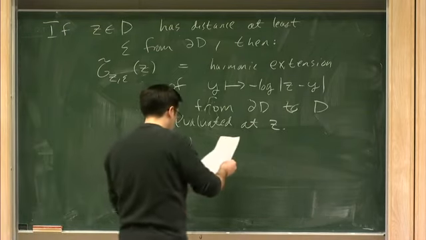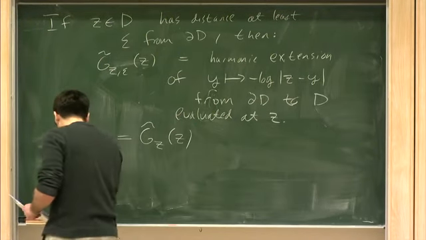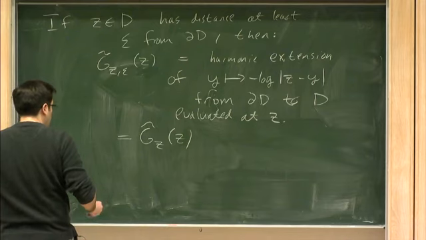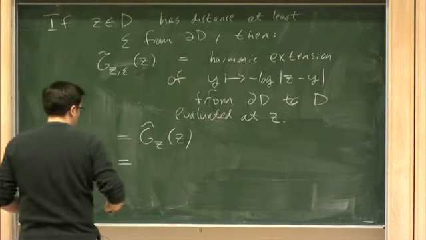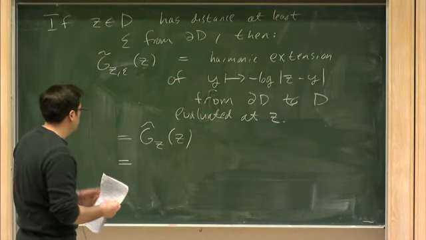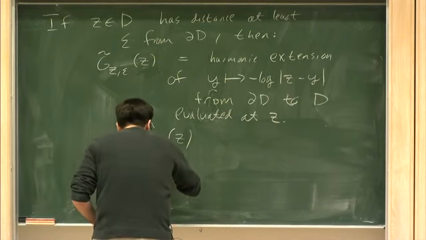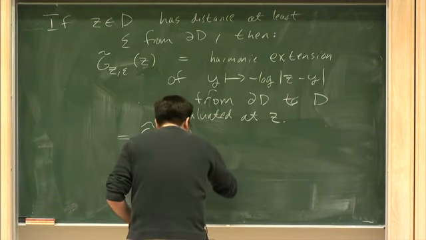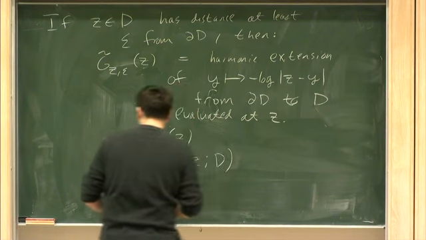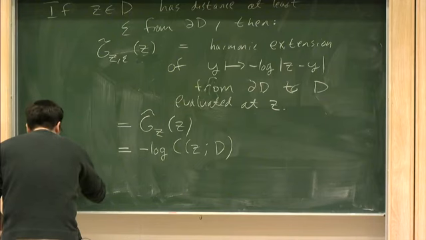And one thing that I told you earlier is that this can be expressed in another way. It turns out that this is equal to minus log of what's called the conformal radius of z in D. Let me remind you of what this is.